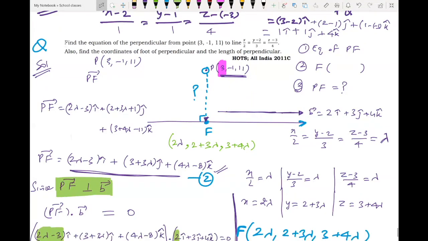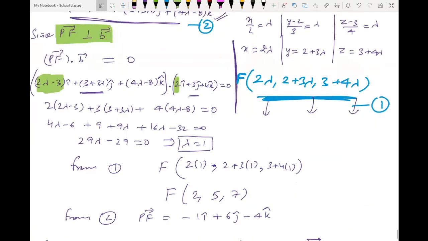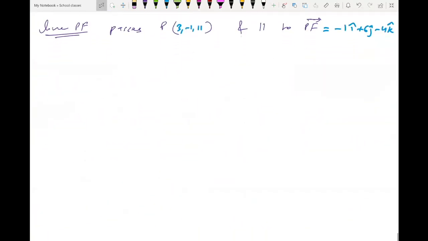But please remember, if the question is given in Cartesian form, you have to write it in Cartesian form. If it is given in vector form, then you have to write it in vector form. So we are going to write Cartesian form.